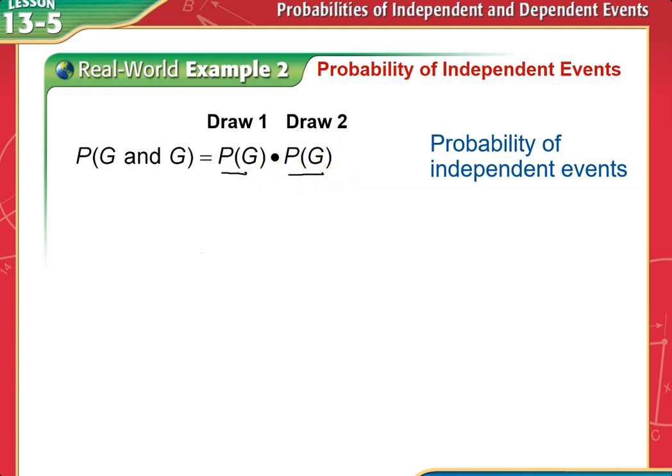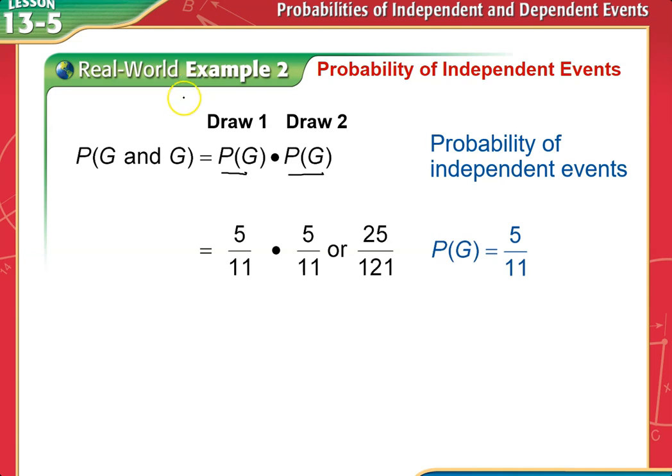The probability would be 5/11, because there are 5 green and 6 red, so a total of 11 slips of paper, 5 of which are green. So you have 5/11 times 5/11, or 25/121. The probability that on each draw her slip was green is 25 over 121.